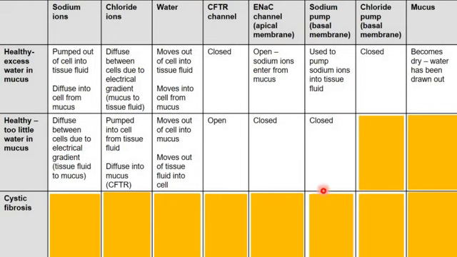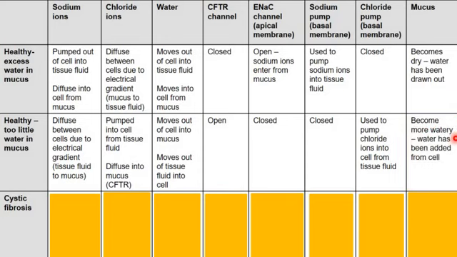We started by pumping the chloride ions up into the cell, which means that our chloride pump is, yes, open. It's used to pump those chloride ions from the tissue fluid into our cell. And our mucus, we can look over at our water column to get ideas for this. It's going to become more watery. Water has been added from the contents of the cell.